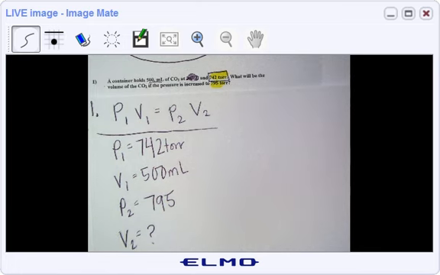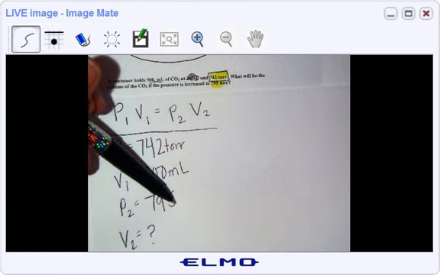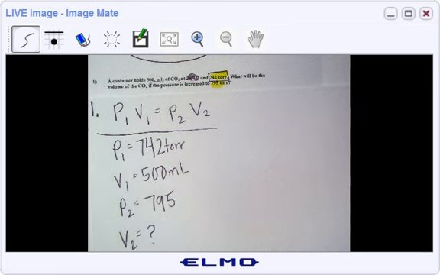Okay, these can be in milliliters, liters, any type of measurement, as long as both the P's are in the same unit of measurement and both the V's are in the same. So for pressure, this couldn't be torr and then this be ATM. If that were the case, you'd have to convert.